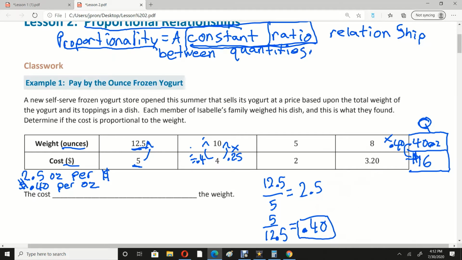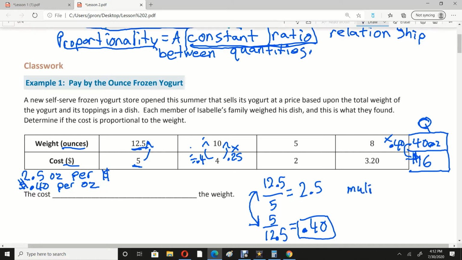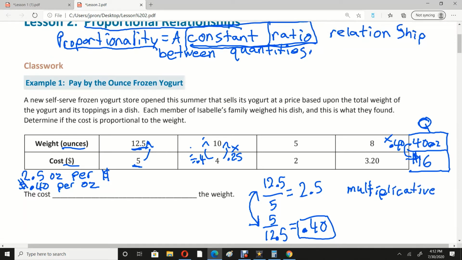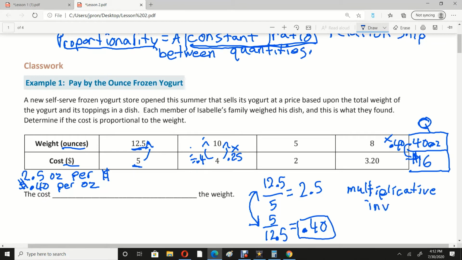I don't know the standard rate for yogurt, but instead of dividing by 2.5, we can multiply by 0.4. And what we actually have here, these two things are multiplicative inverses. That's one of your vocabulary words, multiplicative inverse, which is known as a reciprocal.